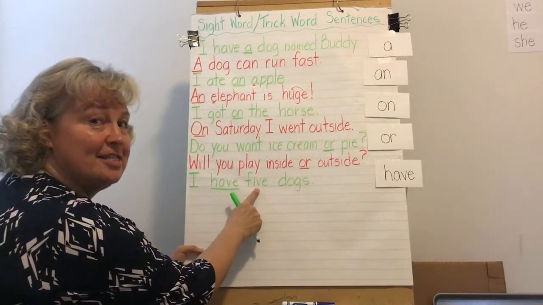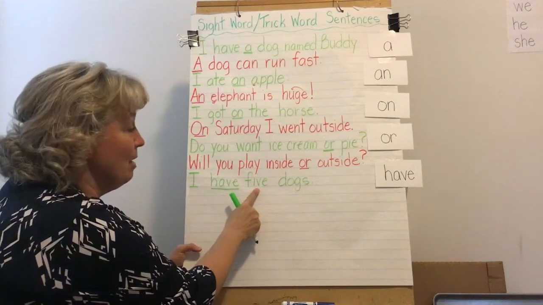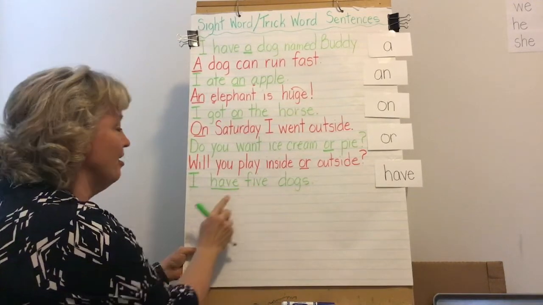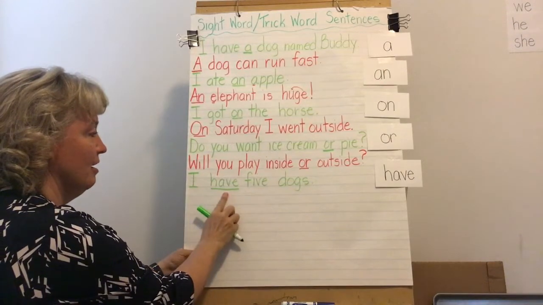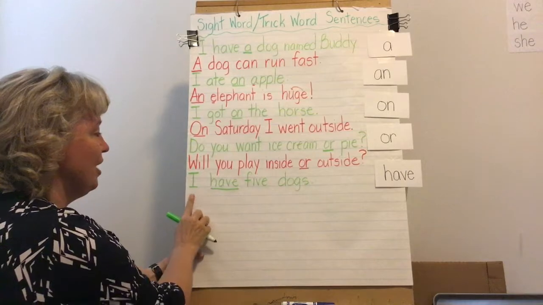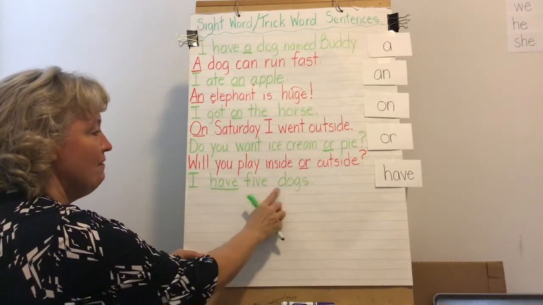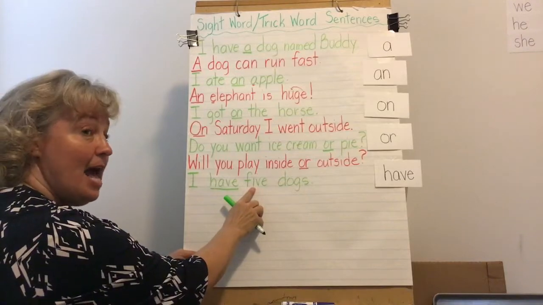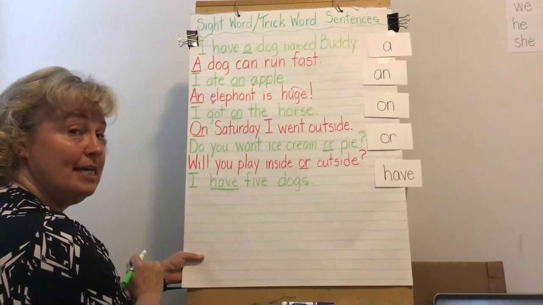Hint, hint, this is a magic E word. Remember, it's going to make that vowel, the I, say I. All right, I'll point. All right, did you get I have 5 dogs? You see how that E made the I say I, and we didn't hear the E?